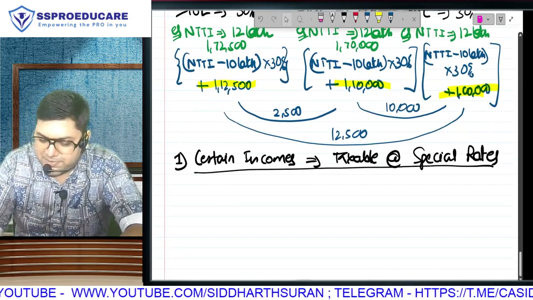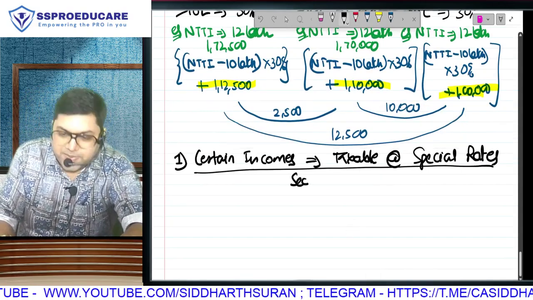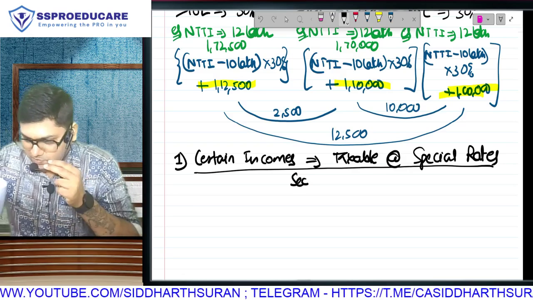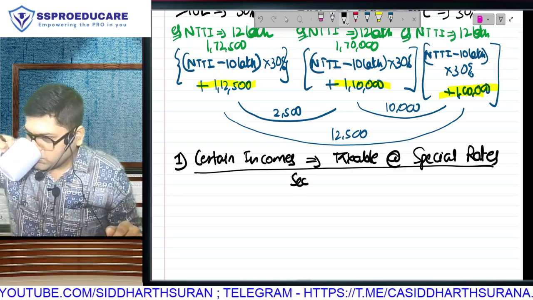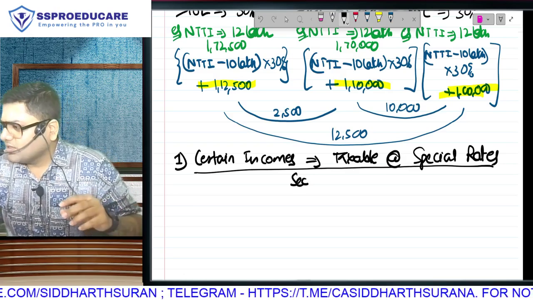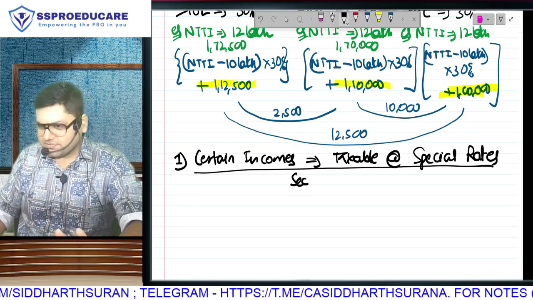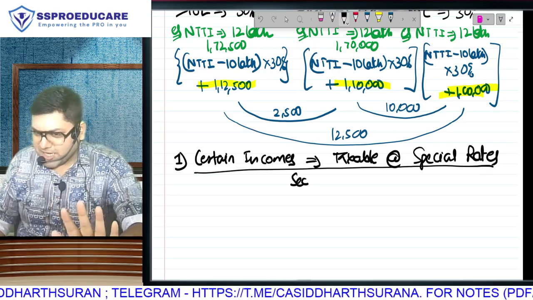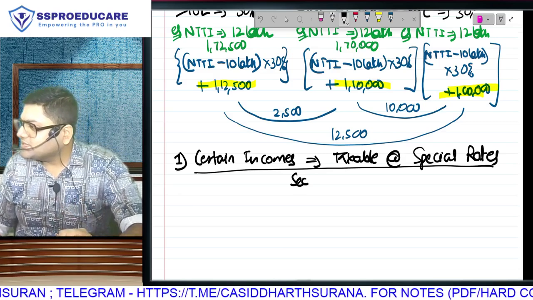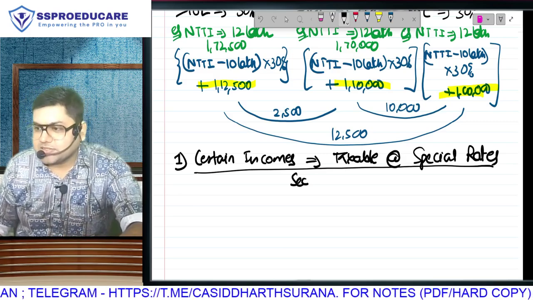We have a full chapter in income tax law, special rates of tax. Some of you have the first book. I don't need the book. If you check the index of that book, the fifth chapter is special rates of tax.